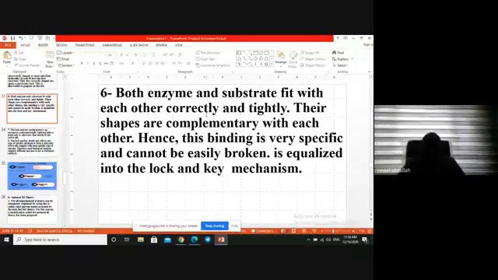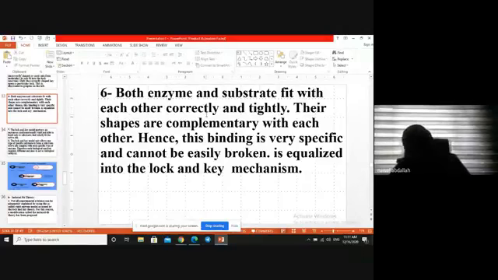This binding is very specific and cannot be easily broken. So the lock and key theory differs from the other theory in that the bindings of the substrate with the enzyme cannot be easily broken, and one is complementary with the other.